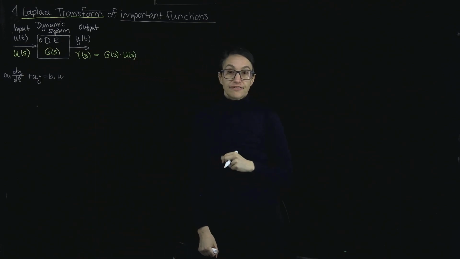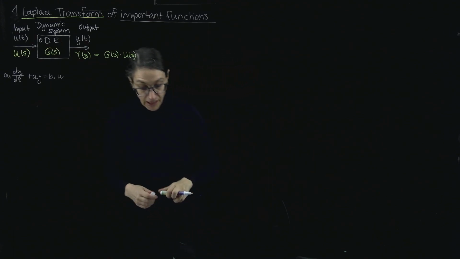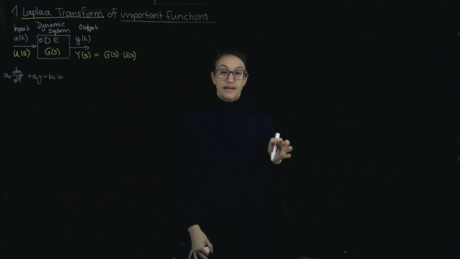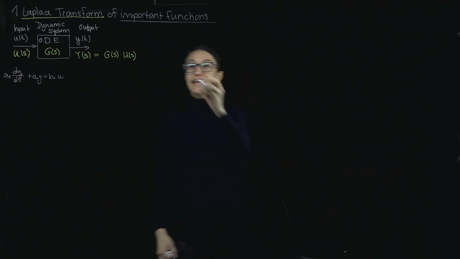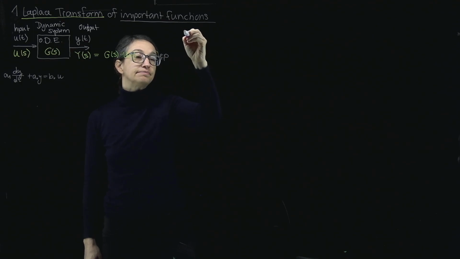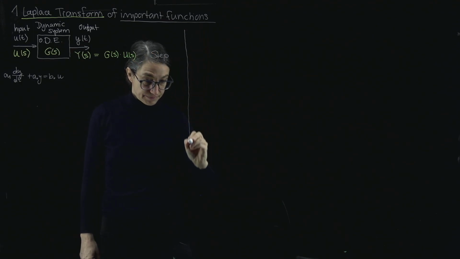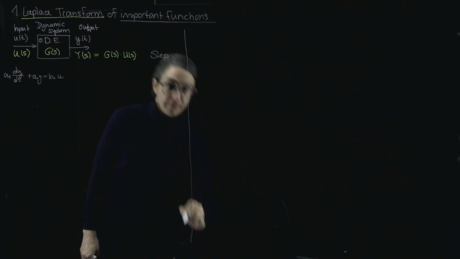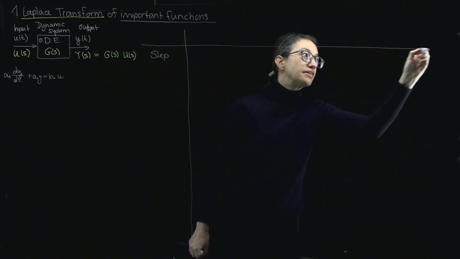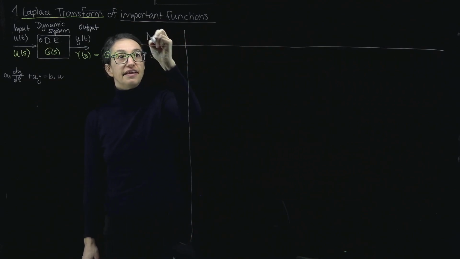Okay. And for this, I'm going to draw you a grid of important functions. So first of all, I would like to give it a name. And our most important function in control systems is the step function. So for each function that I will introduce, I'm going to give you the name.